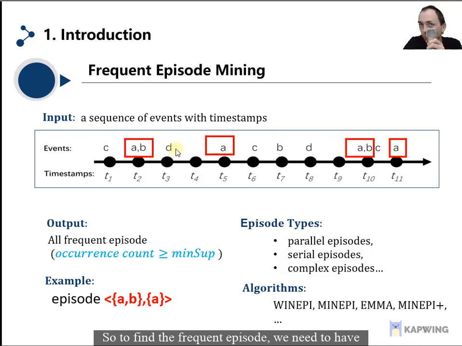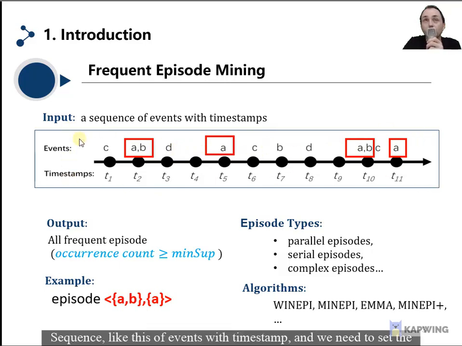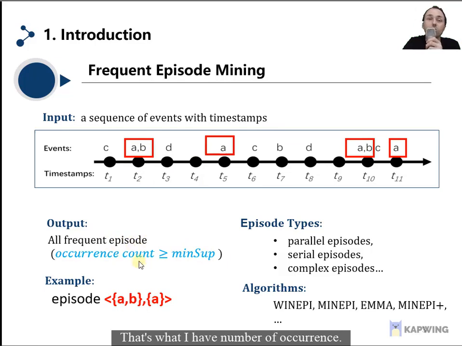To find frequent episodes, we need a sequence of events with timestamps, and we need to set a parameter, the minimum support. We want to find all the episodes that have a number of occurrences greater than or equal to this minimum support.